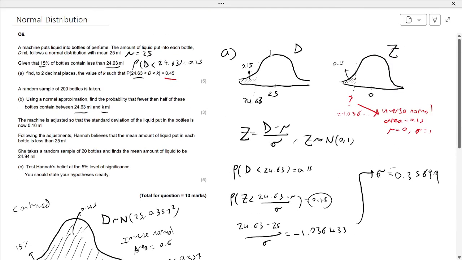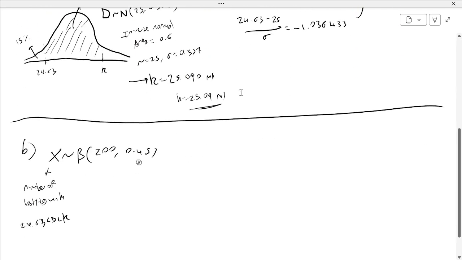So first step, I found my binomial. Second step, let's approximate that with the normal. So what normal approximates this? Well, you just need to know the general formula: the mean is np, and the variance is np(1 minus p). This is in the formula booklet.